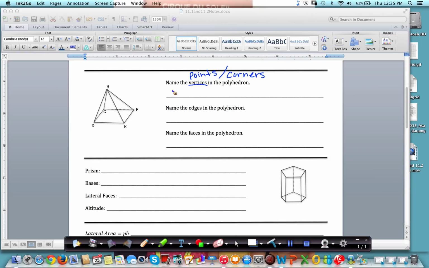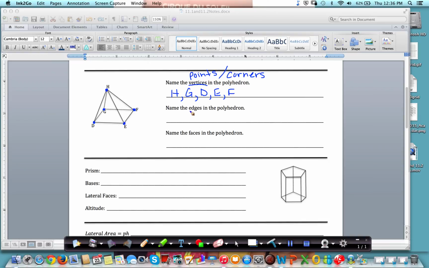So we have H, G, D, E. Notice when I listed the corners, I listed them as capital letters and commas between each one of them, okay?